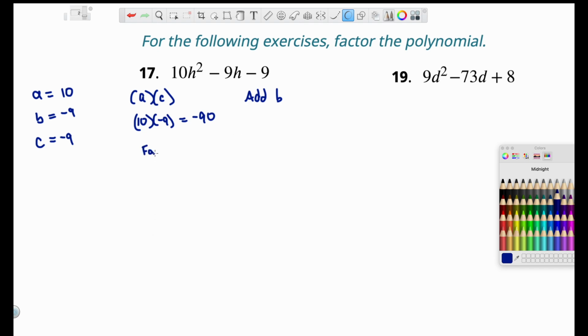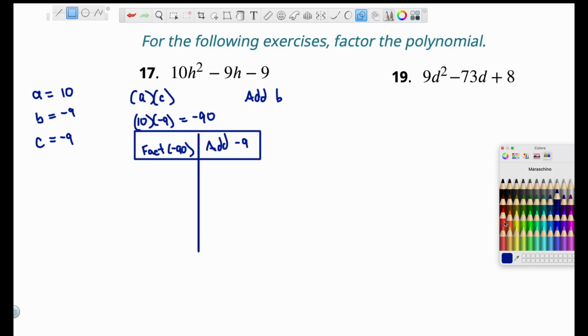Okay, so factors of negative 90 that add to negative 9. So negative 1 and 90 are factors, but that's 89. Negative 2 and 45, that's 43.